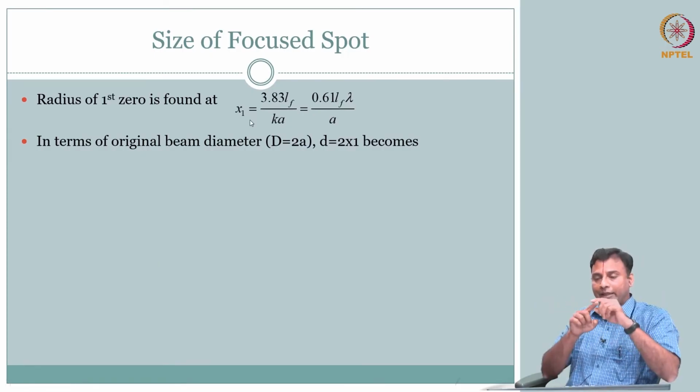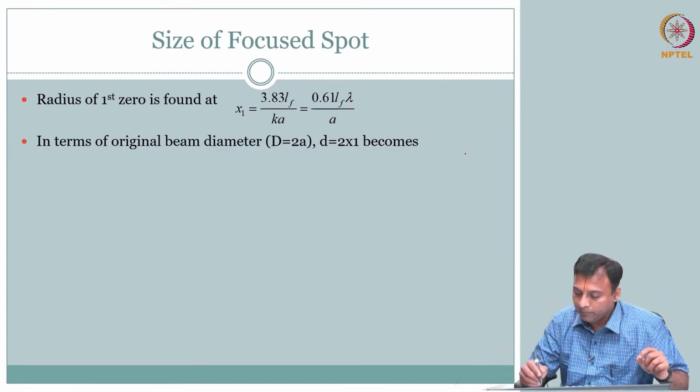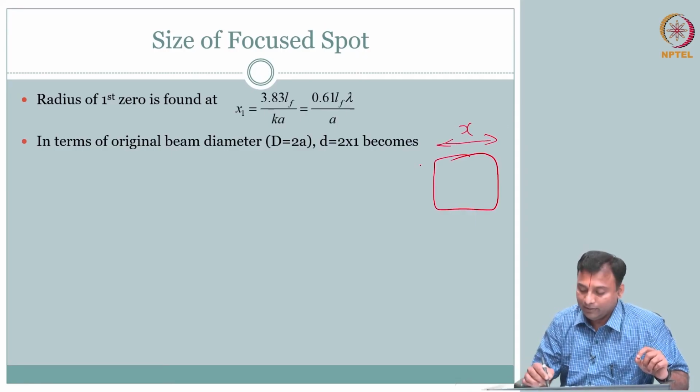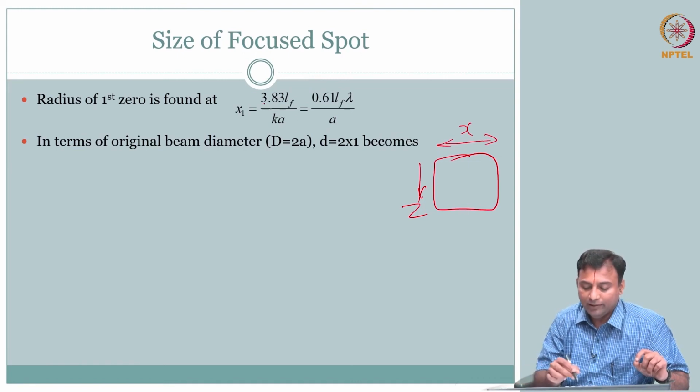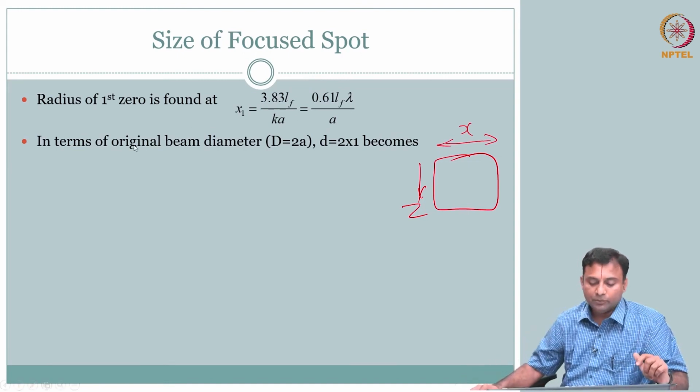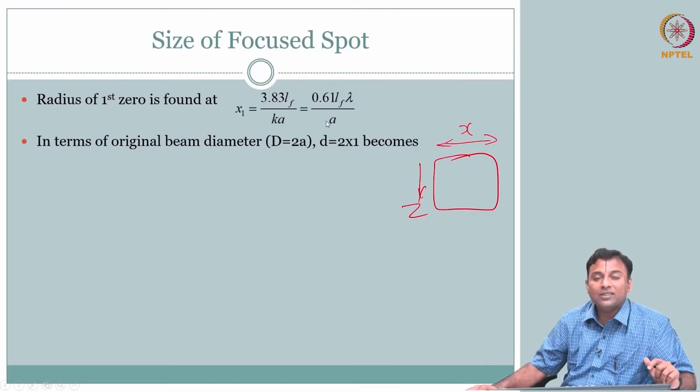In the imaging plane, this is my azimuthal or x, this is my z. So x1 is the width, that is what we are after. In terms of original diameter, A is the radius, so diameter is 2A.